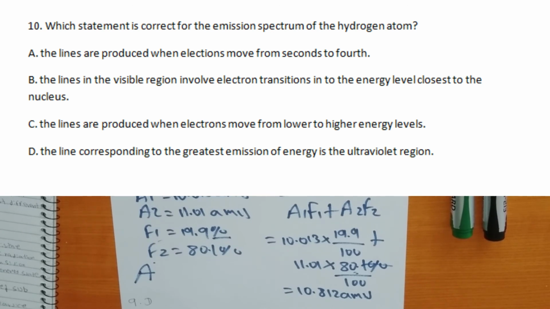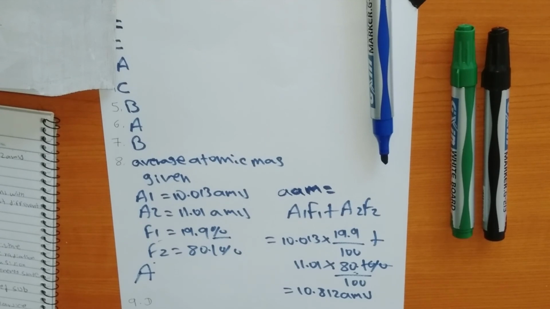D. The line corresponding to the greatest emission of energy is in the ultraviolet region. So first, what is emission spectrum? The emission spectrum of a chemical element is the spectrum of frequencies of electromagnetic radiation emitted due to an electron making a transition from a higher energy state to a lower energy state. So our answer will be D.